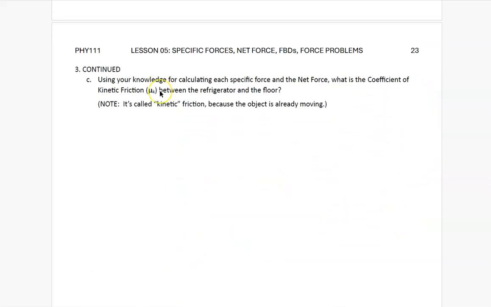If that net force in the horizontal direction is not simply equal to the applied force, there must be other forces added. So the question says, using your knowledge for calculating each specific force and the net force, what is the coefficient of kinetic friction between the refrigerator and the floor. And it's called kinetic because the object's already moving. All right.